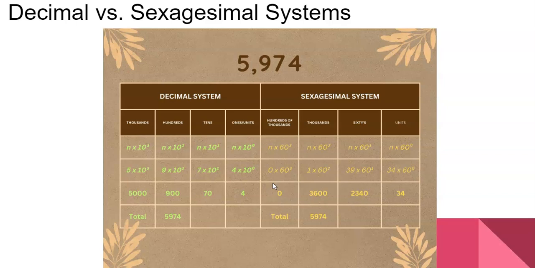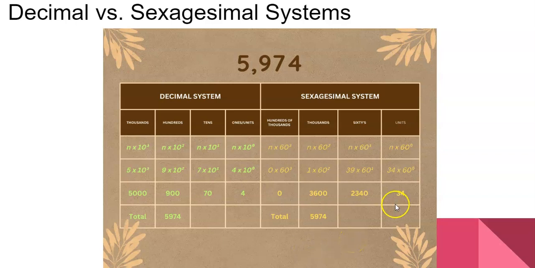For the number 5,974, the digit in the hundreds of thousands of 60s place is 0. So we have 0 times 60 cubed, that is only 0. So adding these values together, 0 plus 3,600 plus 2,340 plus 34, we have 5,974.